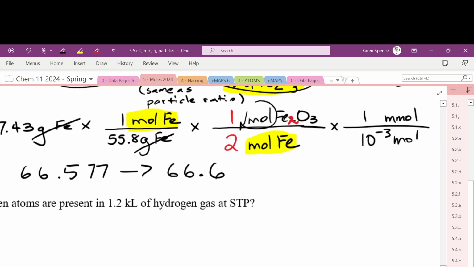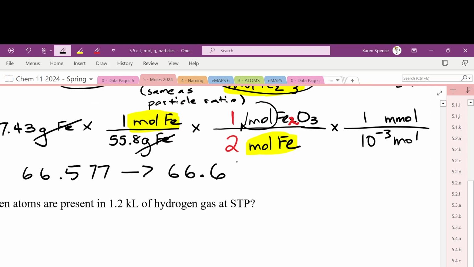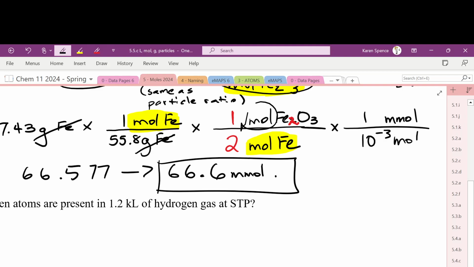Oh, it's the number of the beast. Wow. Millimoles. There we go. We good with that? Any other questions?